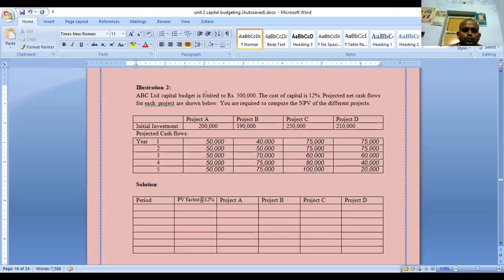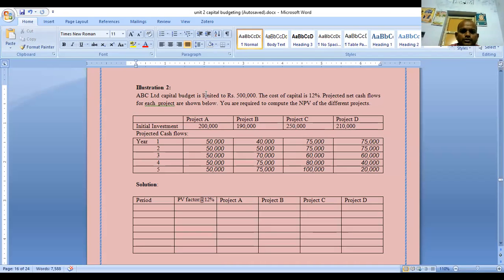Now illustration 2. ABC Limited's capital budget is limited to 5 lakhs rupees. Cost of capital, or minimum rate of return, or required rate of return, is 12%. Projected net cash flows for each project are shown below. You are required to compute the net present value of the different projects.